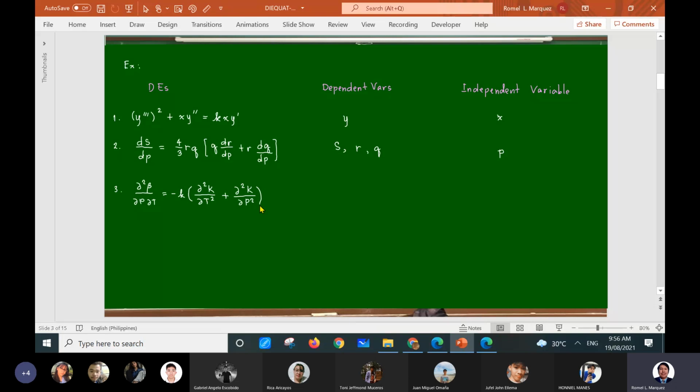Second partial derivatives are involved here. So it means this is a what? Actually, once we study classification of differential equations in particular types of differential equations, the first 2 are ordinary differential equations. The third one is a partial differential equation because it involves partial derivatives.